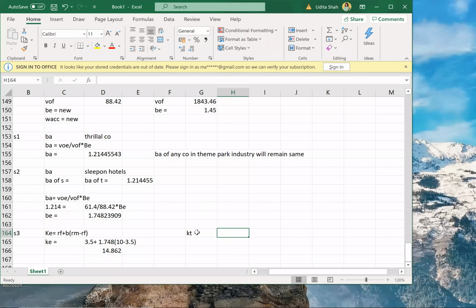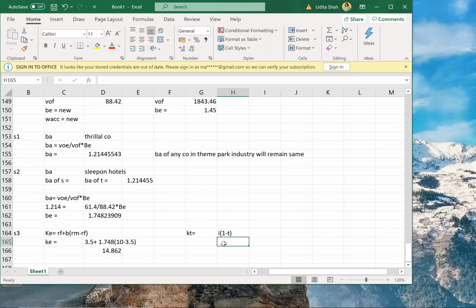And KT also we have. KT is equal to I into 1 minus T. So what is the cost of term loan? Other information, first line they have given.